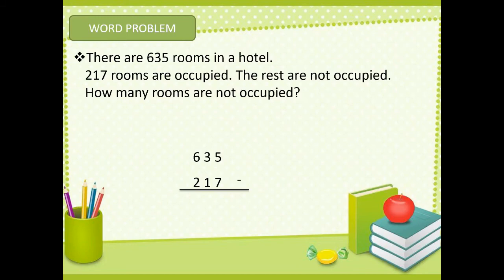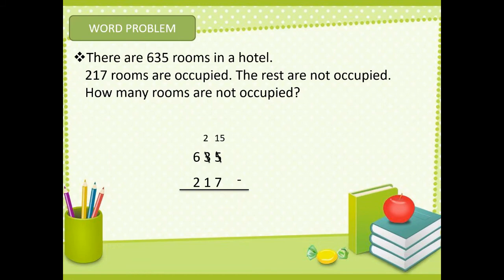Okay sayang, we cannot subtract 7 ones from 5 ones. So we regroup 1 tenth into 10 ones. Now we have 2 tenths and 15 ones.